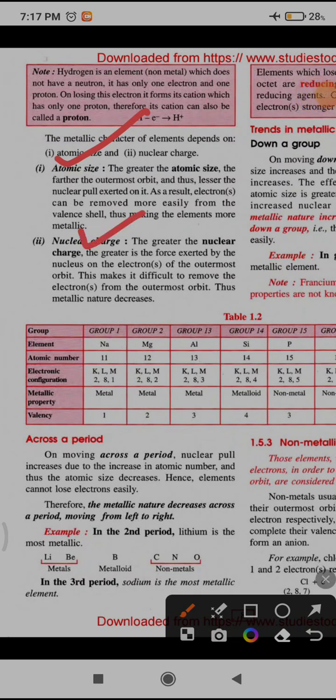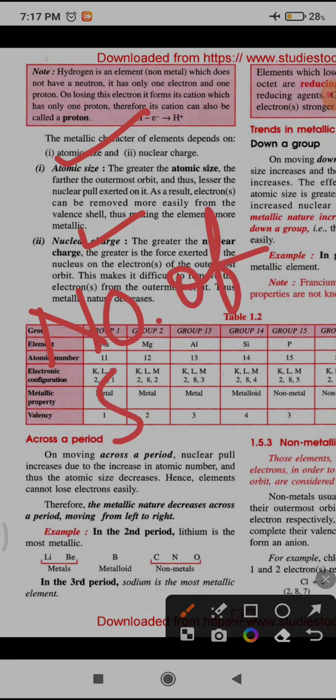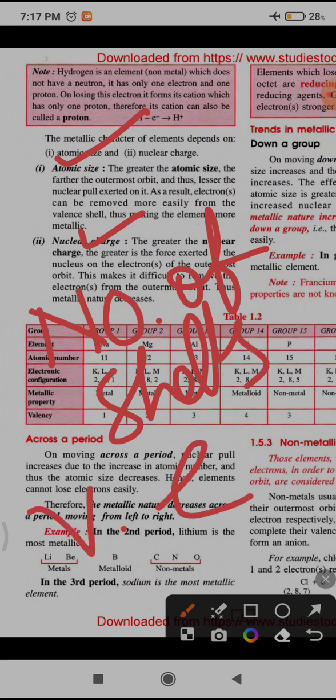If you understand these two clearly, then you can write the variation correctly for any group or period. With these, two other terms and their variation you should know, that is number of shells and valence electrons. If you know these four, then you can easily write all the variations of all the properties.